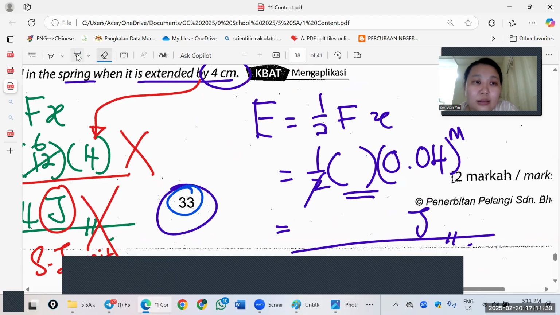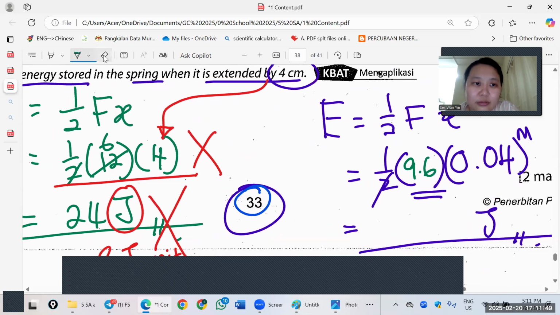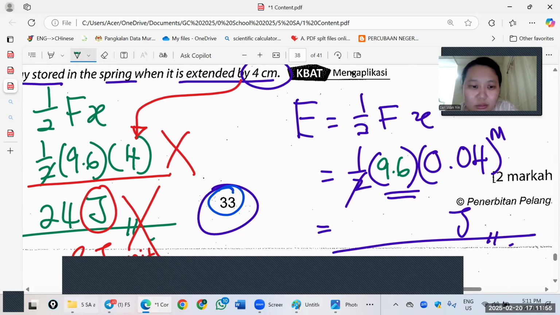Please check your answer. So it's 9.6. My fault. So the answer is 0.192 joule.